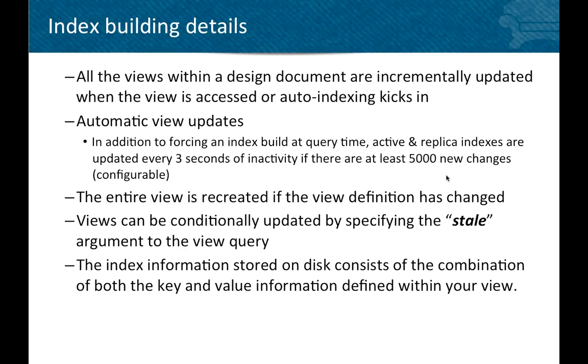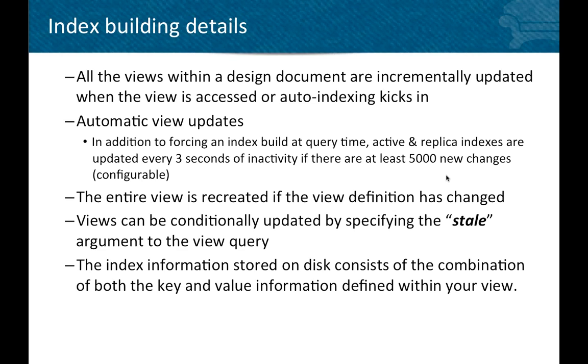So it's configurable, but the trade-off we've decided on for now is that every 3 seconds or so, if there have been a lot of writes and no queries, then we're going to update that index. So the index will never be more than 3 seconds out of date, but you can configure that both globally and also on a per operation basis.